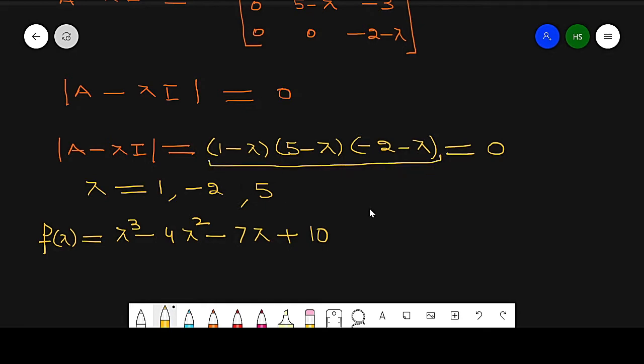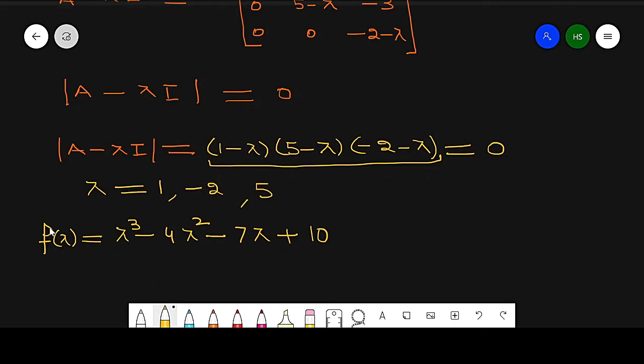So this equation and this equation are the same. This is the characteristic equation and it has distinct roots, so the minimal polynomial is itself.